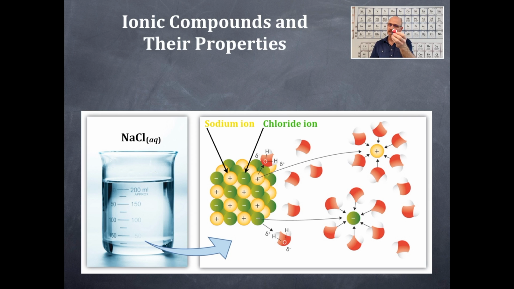Now what will happen is that the water molecules will surround the sodium completely, all the way around three-dimensionally, and they follow a particular pattern. You should see that the oxygen, which is electronegative, covers up the sodium ion completely.